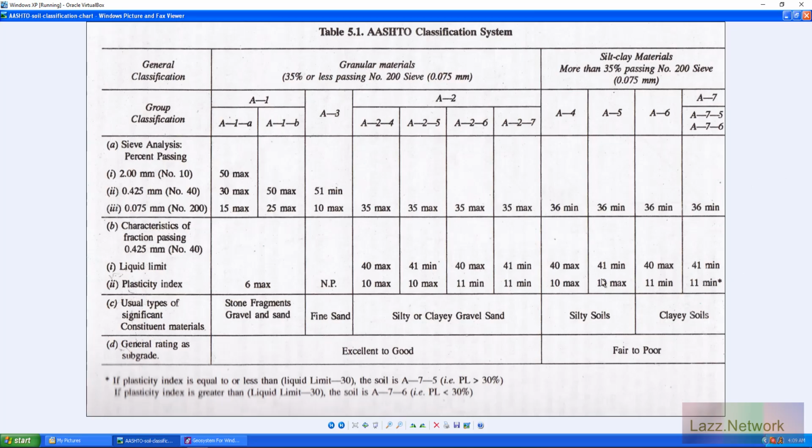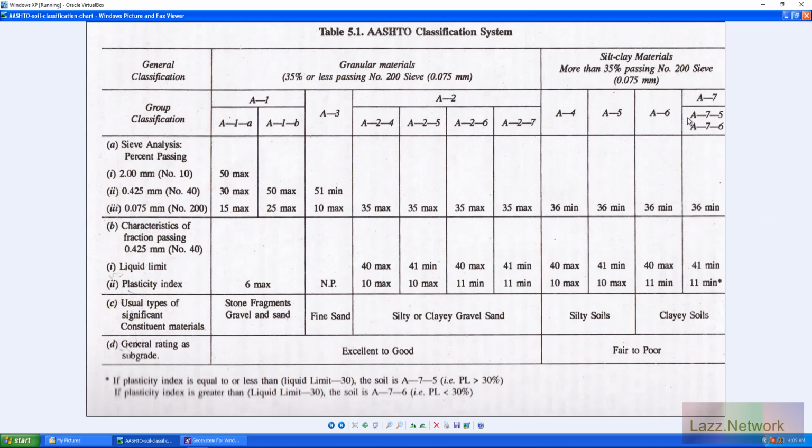So if we take a look right back at our Atterberg limits and whatnot, as you can see, it's repeating the same thing again, except there's only one catch when it comes to the A7. When it comes to the A7 indicated here, it depends on whether your plastic index is less than or equal to 30.